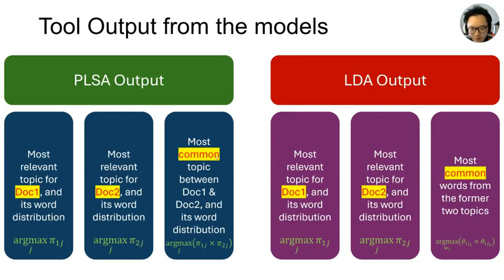And for the most common topic, we find the biggest product of pi1 and pi2. For LDA, it's quite similar. The first two are the same. The last one, the most common words, comes from the previous two topics. We take the product of the word distributions from the two topics and find the biggest product, so that this word will be counted as the common word.